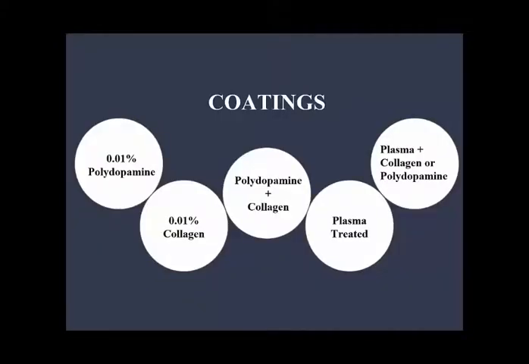And then they use this principle to coat a material called polydimethylsiloxane, or PDMS. And they coat it with polydopamine, collagen, polydopamine and collagen, plasma treated, or plasma treated plus collagen or polydopamine, or other materials that we have at hand. And so this is another independent project they do over a period of 2 to 3 weeks.